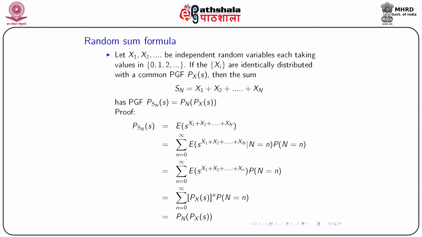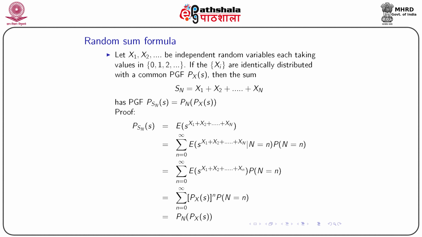And if all these Xi's are identically distributed with a common probability generating function P_X(s), then it is interesting to find the PGF of the sum S_N as X1 plus X2 plus up to X_N. Now this capital N is a random number. It has some distribution, so we cannot fix it to a particular number.